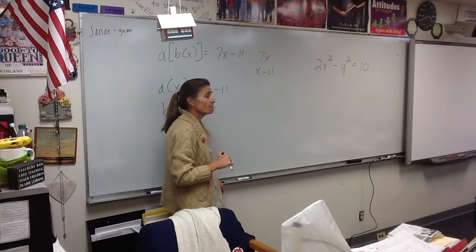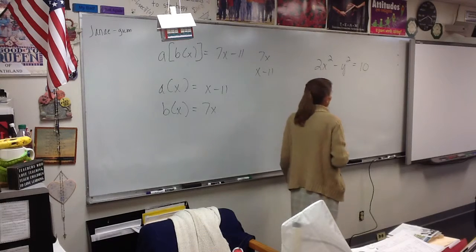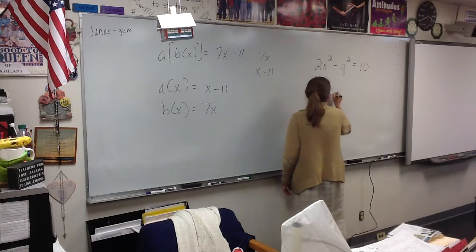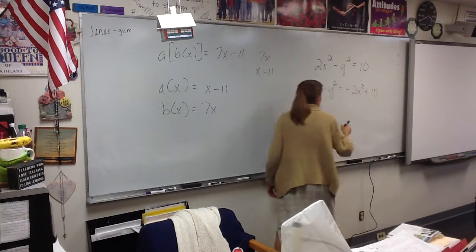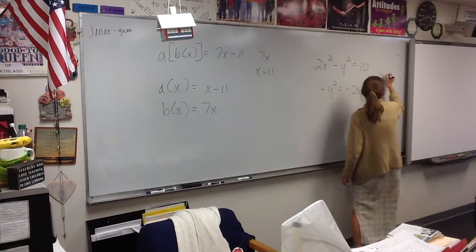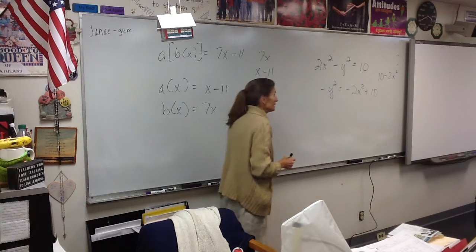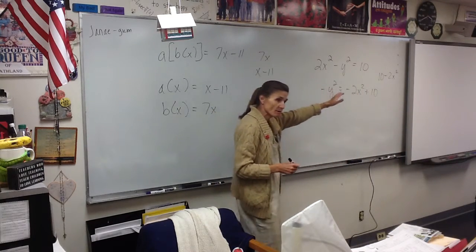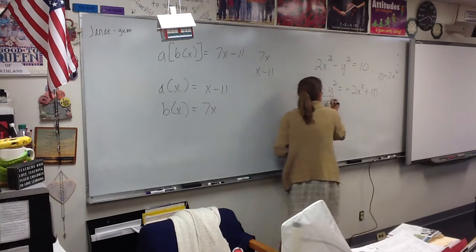All right, so implicit functions. Here we go. Step 1. Subtract 2x squared. Now, some of you are going to write 10 minus 2x squared, and that's absolutely fine. Just move that 2x squared to the other side. Now we're going to divide by negative 1.